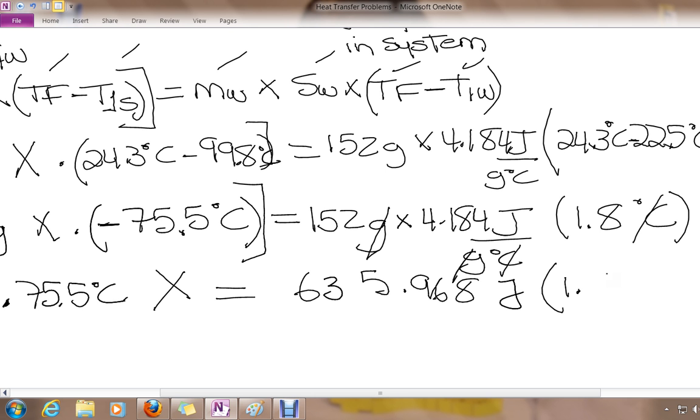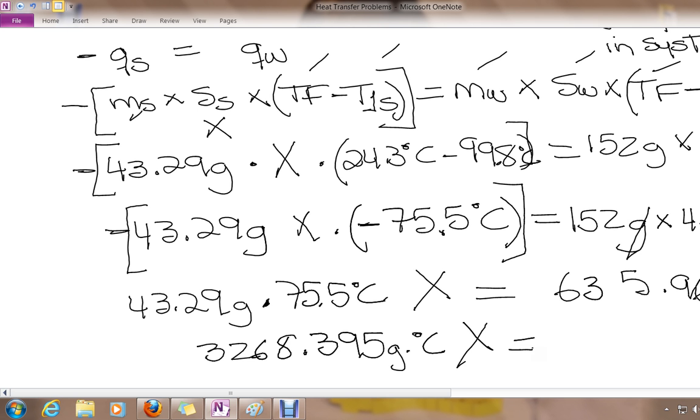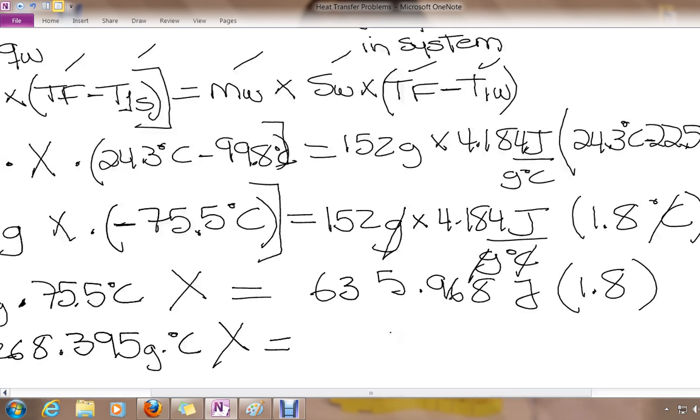This is all multiplied by 1.8, because we already canceled out the units. On the left side, we multiply these two, and it's going to give me 3,268.395 grams times degrees Celsius as the unit, and all this by x. That's what we're trying to find out, the unknown.